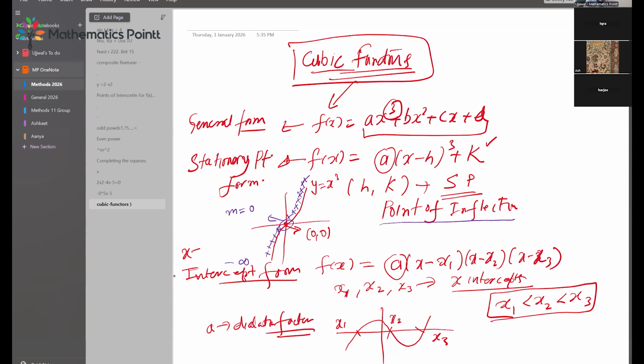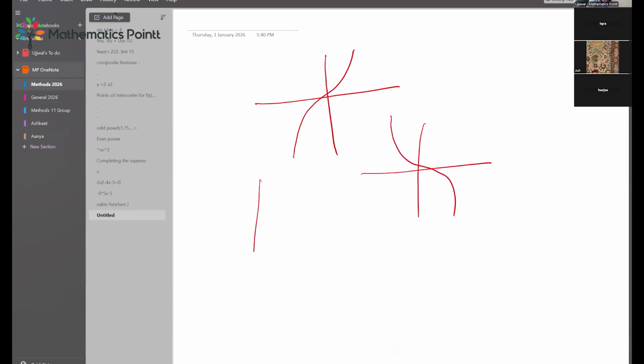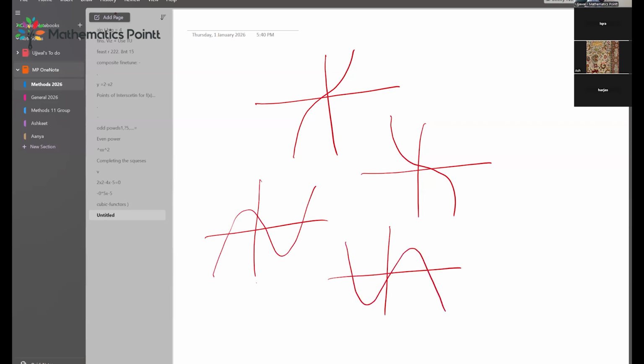Now, another few important points on cubic. If I were to draw a cubic, it will be of a few different types: one, two, three, and four.